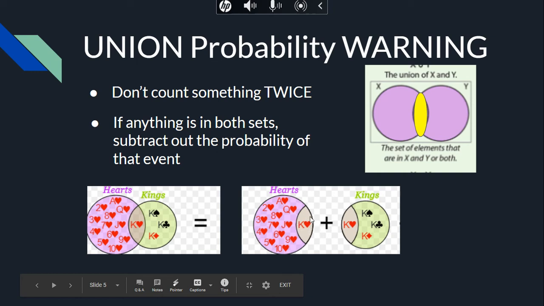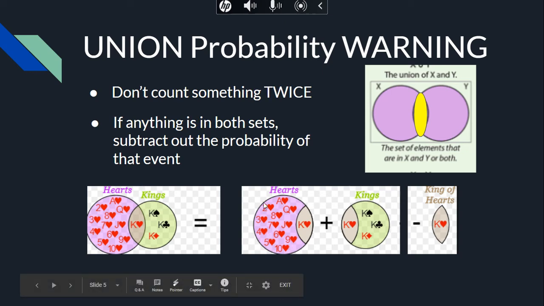However, this king of hearts is only one card, but I counted it twice. I counted it in the heart circle and I counted it in the king circle. So I've made it seem like there are 2 kings when I added them together, when there's really only one king of hearts. So I'm going to have to subtract out one of those extra hearts that I added in.